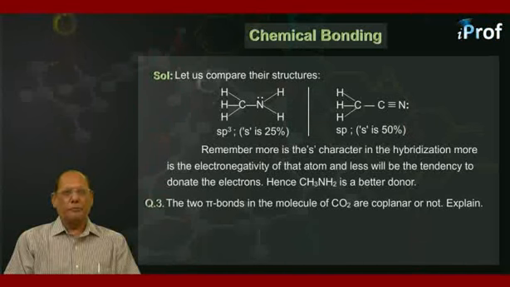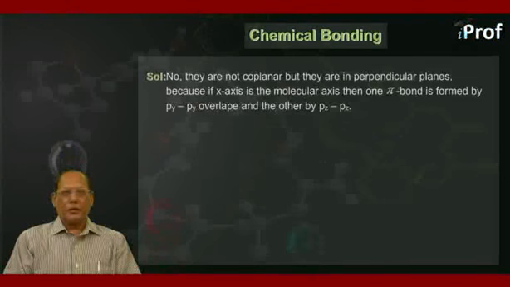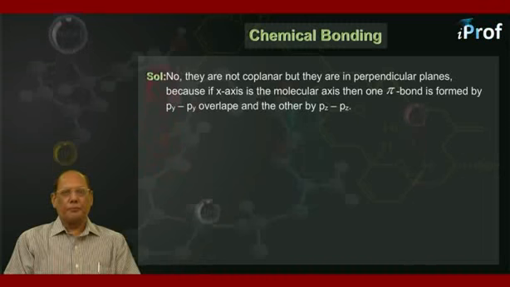Explain. The answer is no, they are not coplanar, but they are in perpendicular planes, because if the x-axis is the molecular axis, then one pi bond is formed by py overlap, and the other by pz.